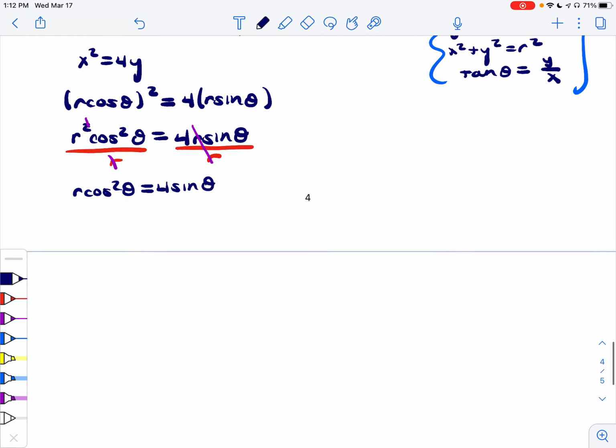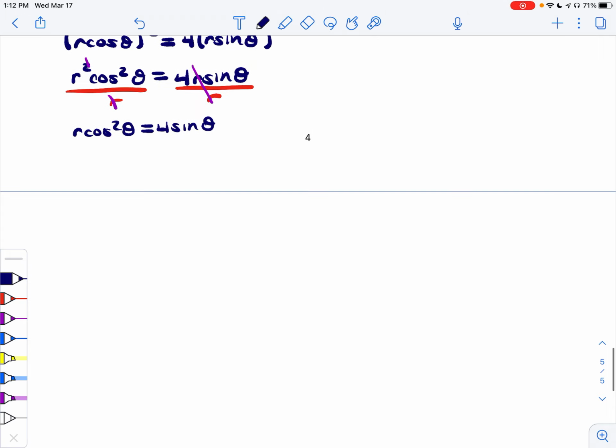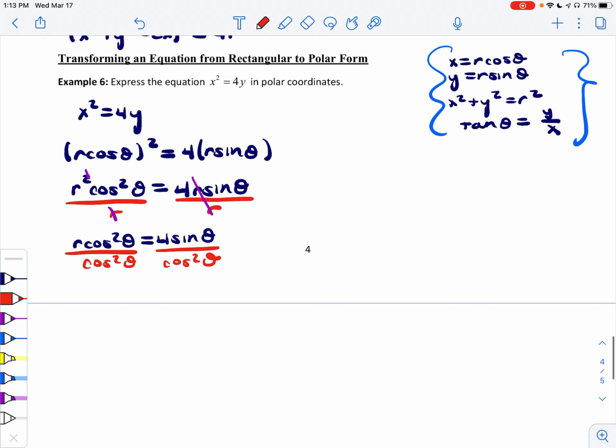Now typically with these, when we're going to polar form, the goal is going to be to solve for r. So we want to try and solve for r. So that would mean we want to divide by cosine squared. Okay. So that would give us r is equal to 4 sine of theta over cosine squared of theta.